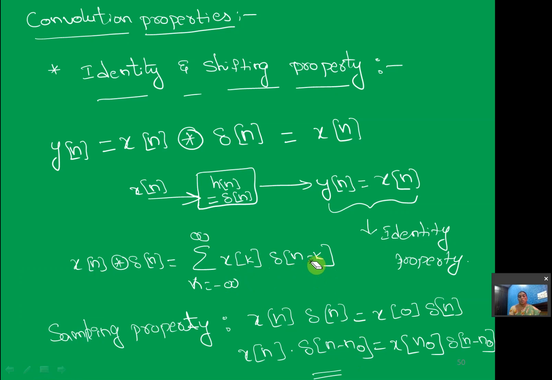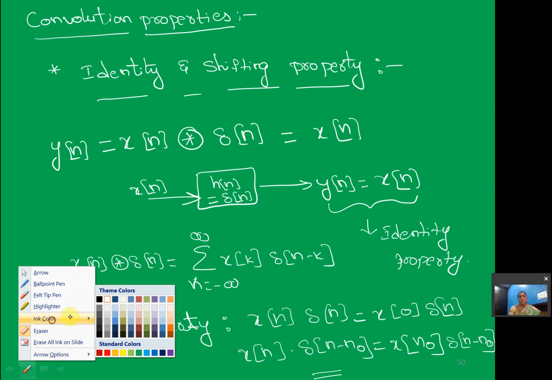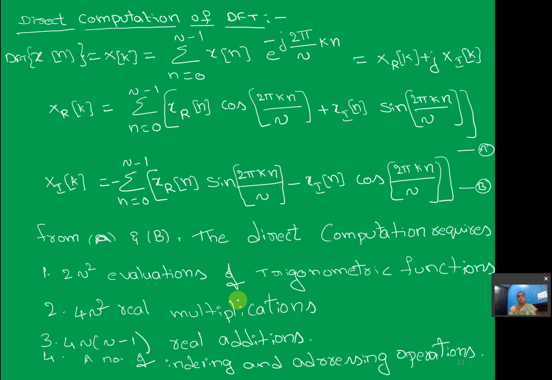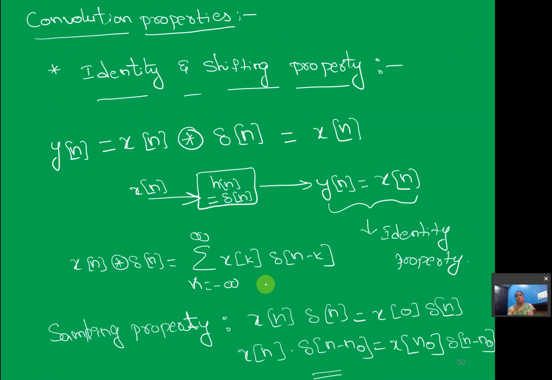So x of k into del of n minus k exists at k is equal to n, where k is the variable.